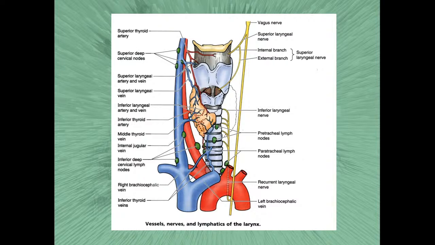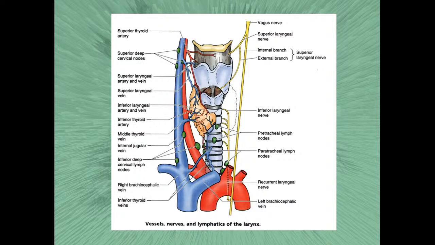The thyroid gland, as you remember, is located in the neck region, and it has blood supply from two main sources. The first one is from the system of the external carotid artery via the superior thyroid artery, and the second one is from the system of the subclavian artery through the thyrocervical trunk, which gives off the inferior thyroid artery.